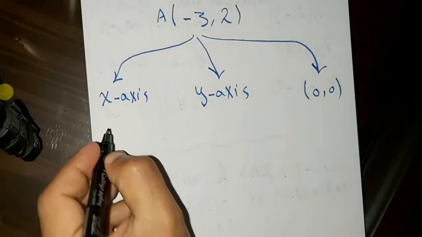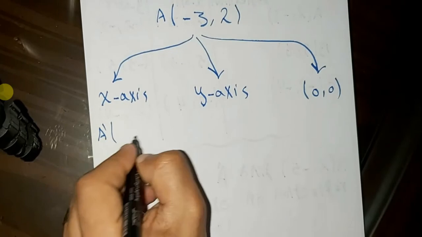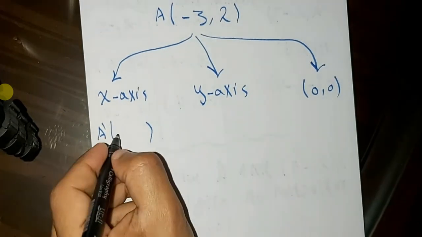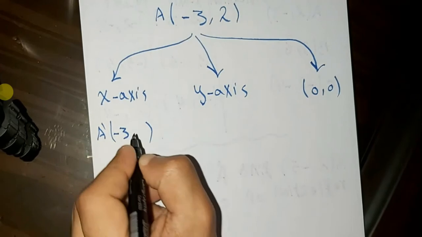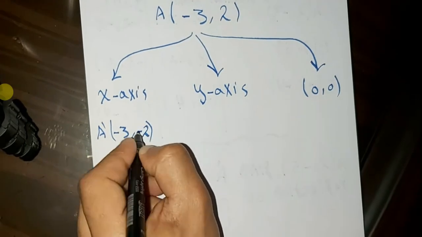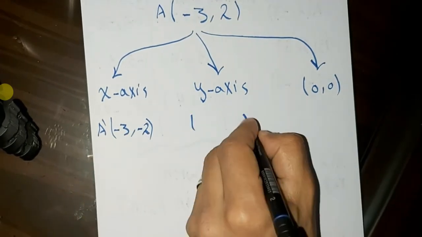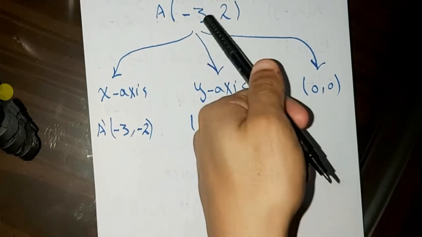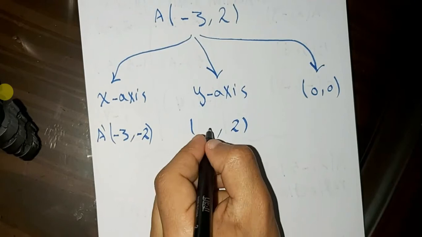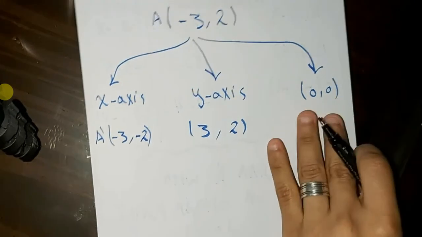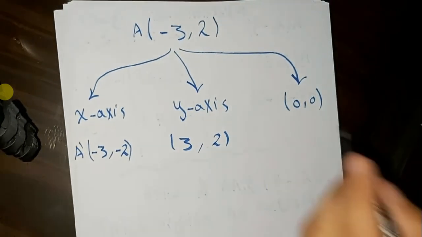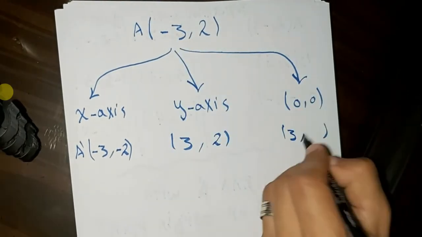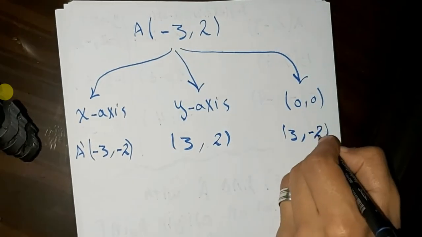Our reflection A dash on the x-axis: we keep x as it is, negative 3, and change 2 to negative 2. Y-axis: we keep the y part as it is, 2, and change the x part, negative 3, to 3. Origin point: we change both parts, negative 3 will be 3 and 2 will be negative 2.